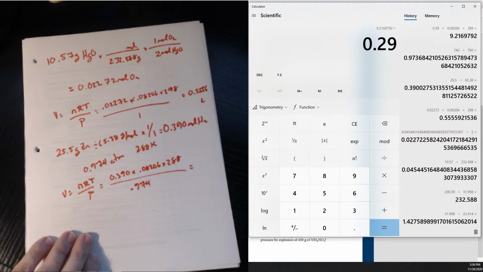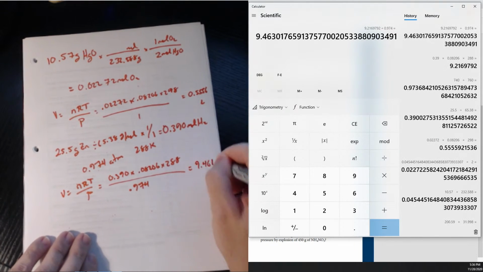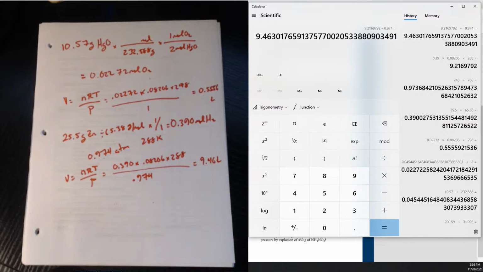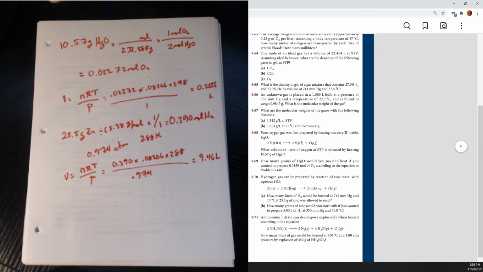Why am I dividing by 0.296? What did I do? 0.39, 0.08, okay. 9.46 liters. Wow, I just totally spaced out in the middle of what I was doing there. Okay, just double checking. Yes, so it's going to be 9.46 liters of hydrogen.